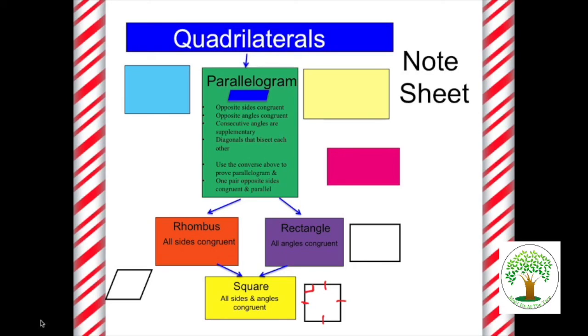Now, if something is a square, is it a rhombus? Is this shape I drew down here a rhombus? Are all its sides congruent? Yes. Is that shape down there a parallelogram? Yes. Is it a quadrilateral? Yes.